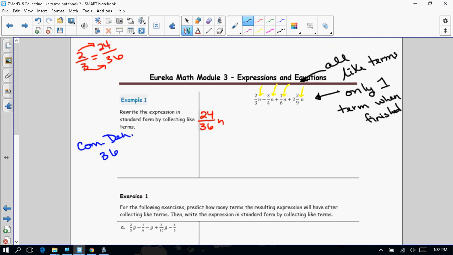Plus negative, now what is 3/4? 4 goes into 36 9 times. 9 times 3 is 27.